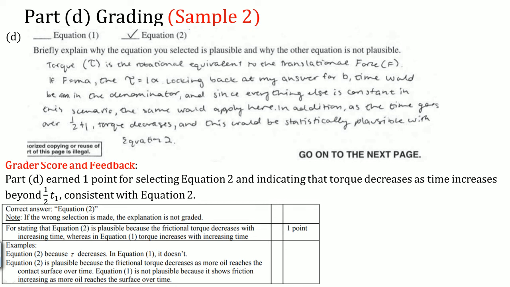Looking back at the answer, it would be right here. Time would be in the denominator, and since everything else is constant, as time goes beyond 1/2, the torque decreases. Yes, that's what was correct. He knew that it would be in the denominator, and that's what causes the torque to decrease. So that's how he earned that point.